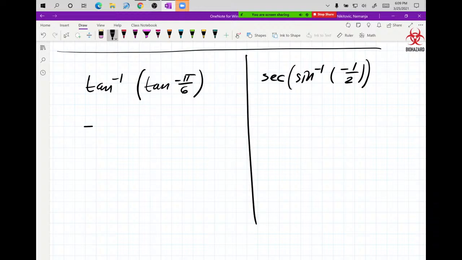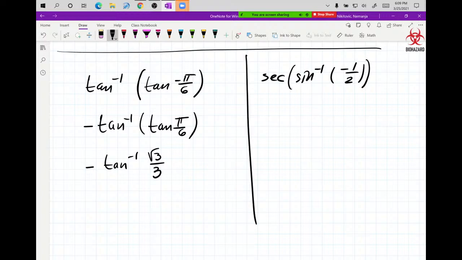So this is the same as minus tangent inverse of tangent of pi over 6. And tangent of pi over 6 is root 3 over 3. And then inverse tangent of root 3 over 3 is just going to bring it back into pi over 6. Just as if you cancel them. You can cancel them, actually.